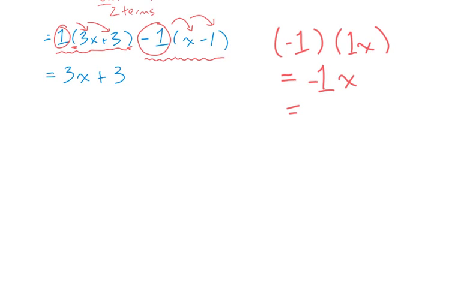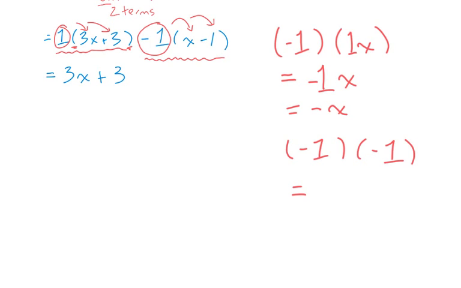As I said before, you don't need the 1 written in. You could simplify this to just -x. However, if you want to leave the 1 in, you can, if that makes it easier for yourself. Next, we're going to take -1 and multiply it by the second term in that polynomial, which is also -1. Let's go ahead and do that work down below.